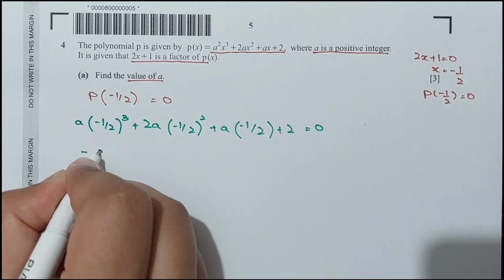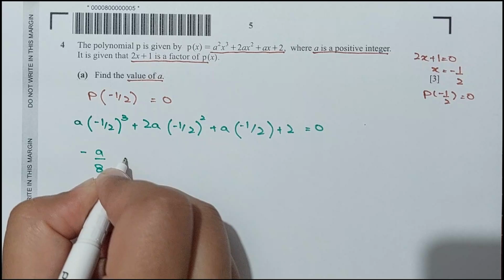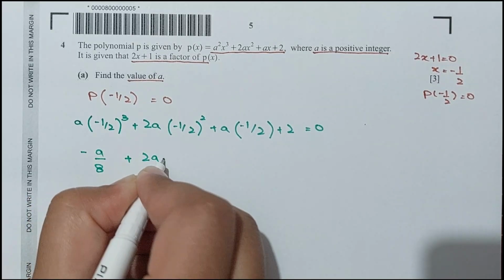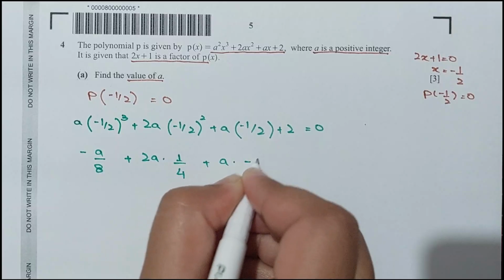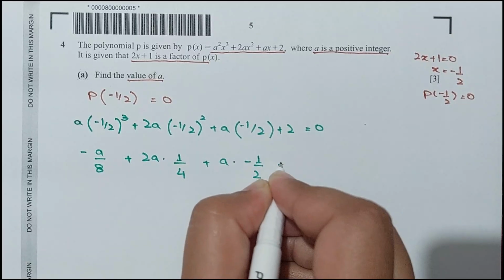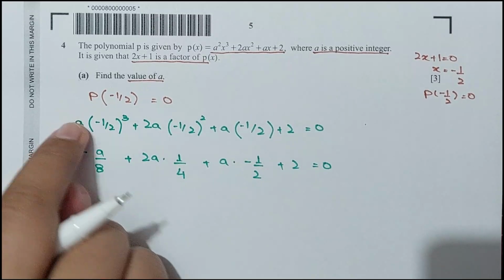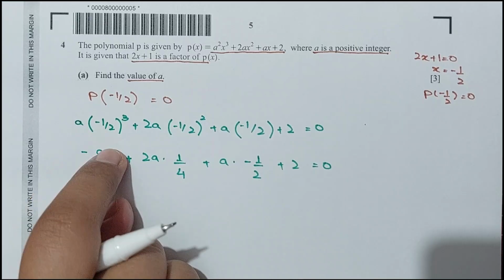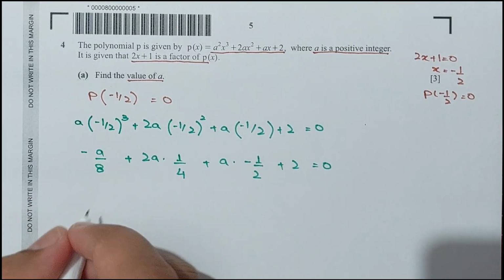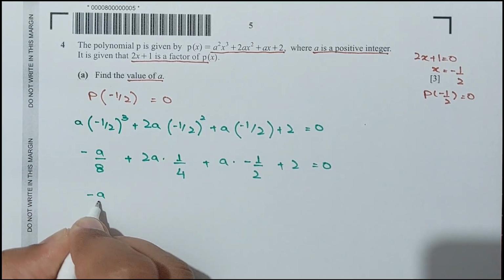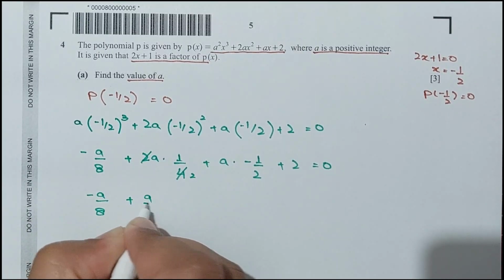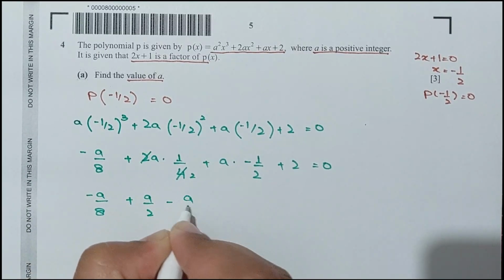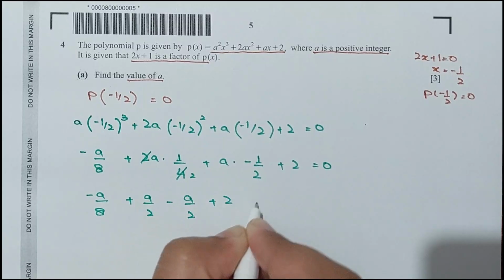So this is minus a over 8 plus 2a times 1 over 4 plus a times minus 1 over 2 plus 2 equals 0. Cube of minus 1 over 2 is minus 1 over 8. So we get minus a over 8 plus a by 2 minus a by 2 plus 2 equals 0.